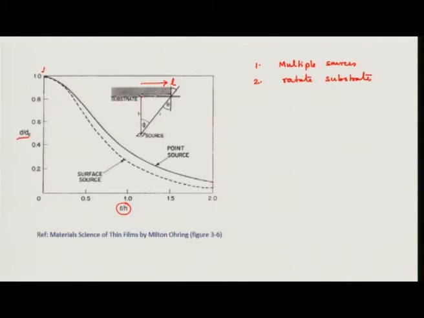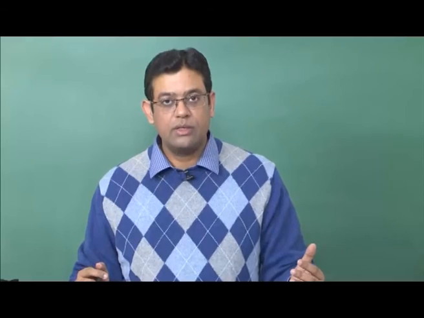Otherwise, because these two points are the same, if they keep exchanging between them by rotation, you will not get any benefit. So, you should keep your substrate off axis and then rotate, so that a normalized area exposed to the source flux will remain the same. These are some of the things we can do to improve uniformity, or we can increase the surface size of the source.